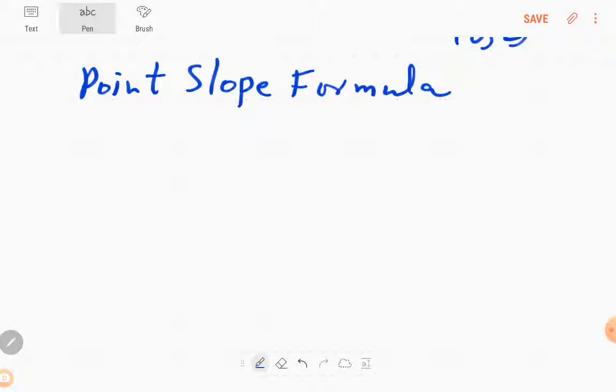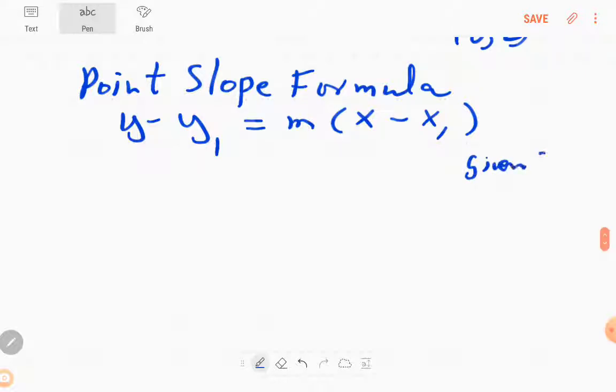The point slope formula is y minus y sub 1 equal to m times x minus x sub 1. Usually we're given some slope m, and some point, and that point we label as x sub 1, y sub 1.